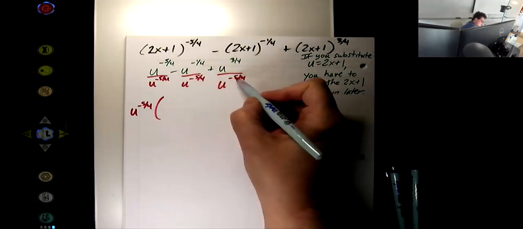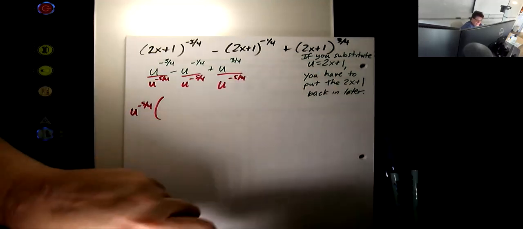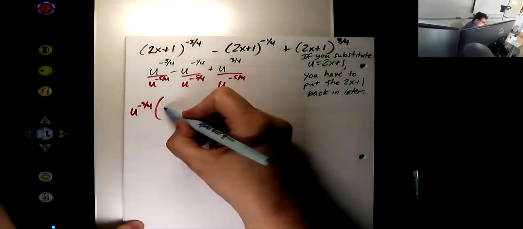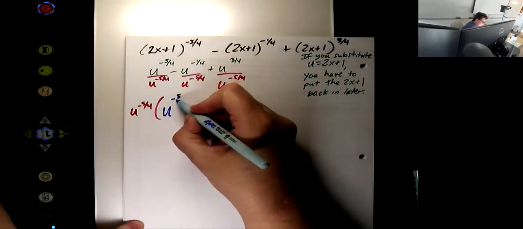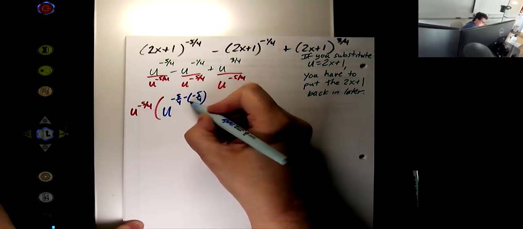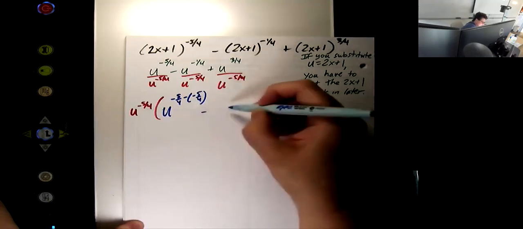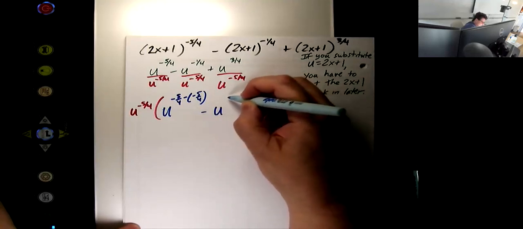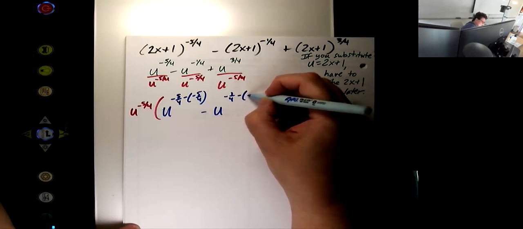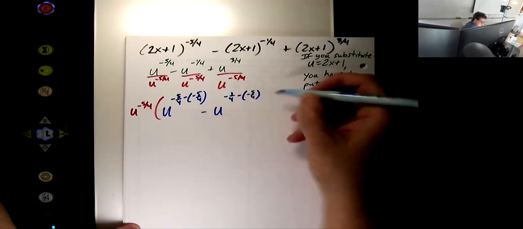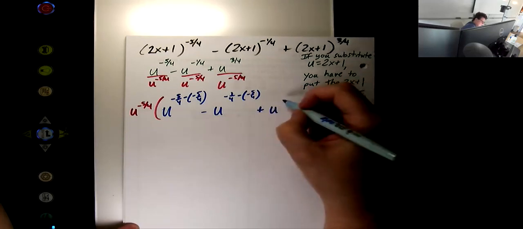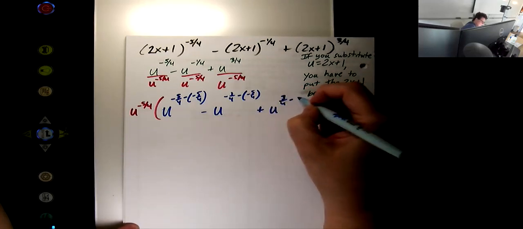I showed the division here, but I want to write it on the inside, showing it with the exponents just going straight to the subtraction. We got negative 5/4 minus negative 5/4 on that one, and then minus u, negative 1/4 minus negative 5/4 again. And then plus u to the 3/4 minus negative 5/4.